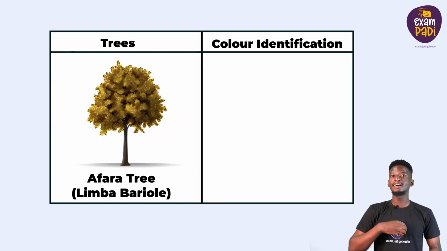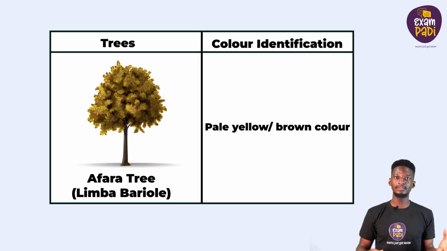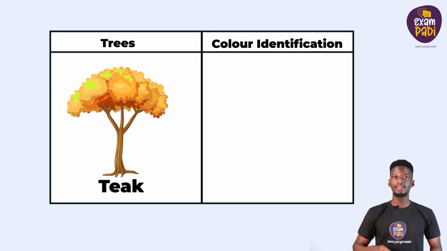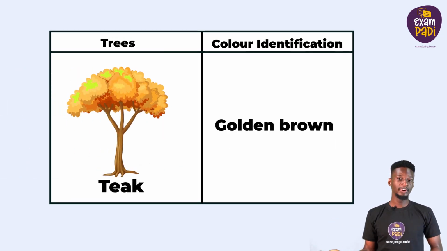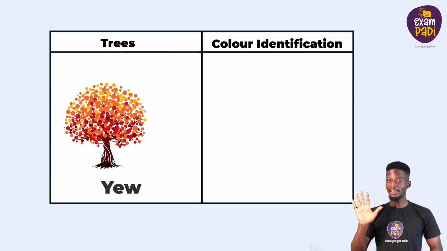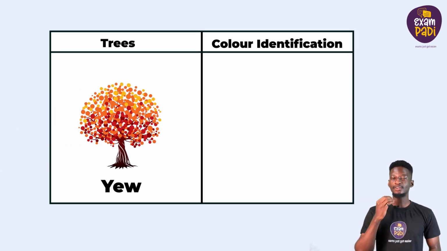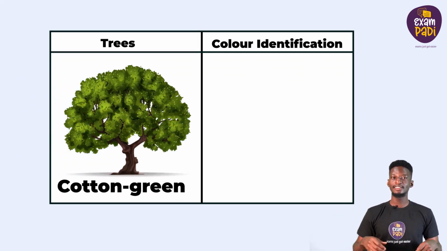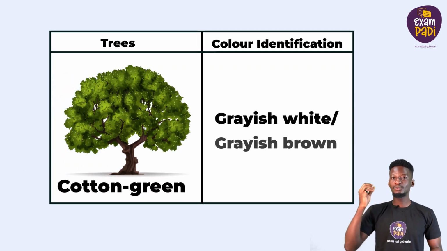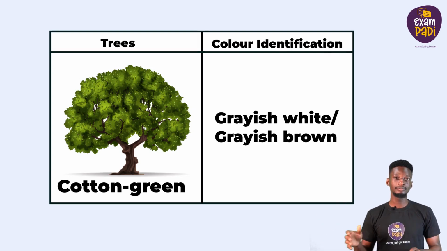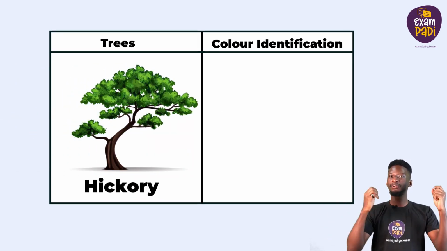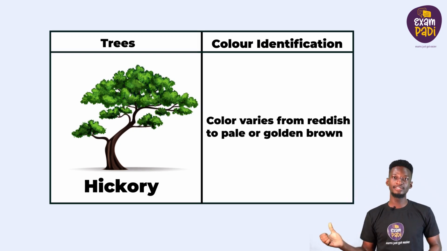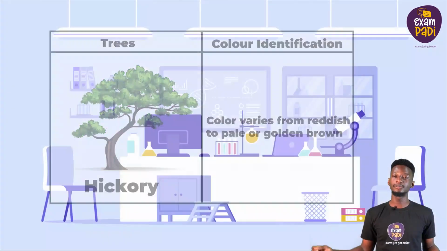Afara tree has a pale yellow or brown color. 4. Teak tree is golden brown in color. 5. The hill tree is orange-brown or reddish-brown. 6. The cotton green tree is grayish-white to grayish-brown. 7. The hickory tree color varies from reddish to pale or golden brown.